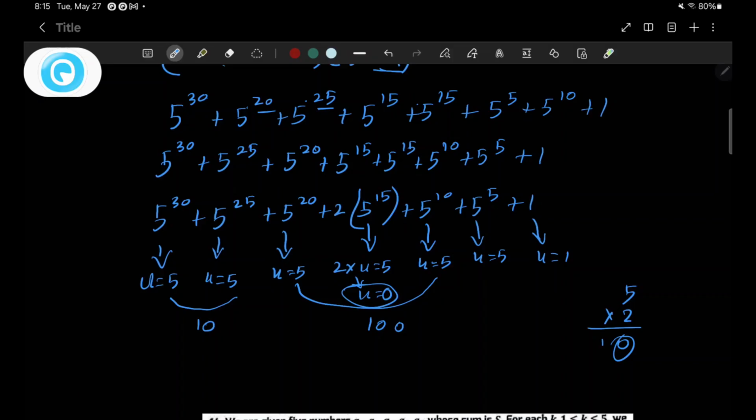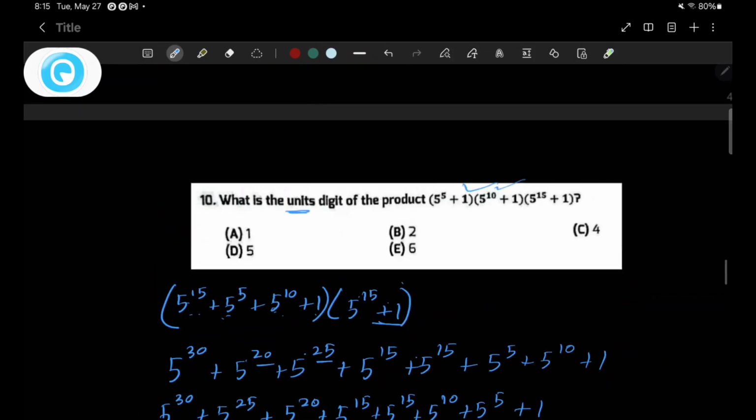This one is 0. 5 plus 1 is 6. So the answer is unit digit equals 6. So the answer here will be part E, 6.